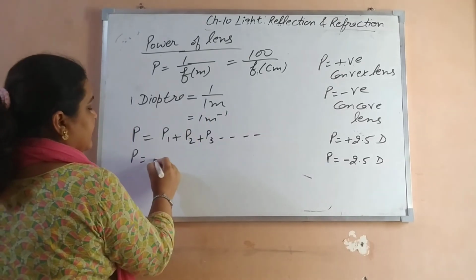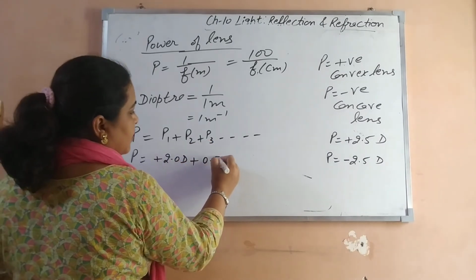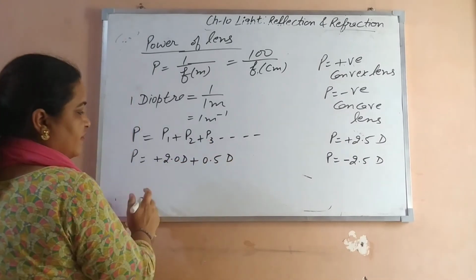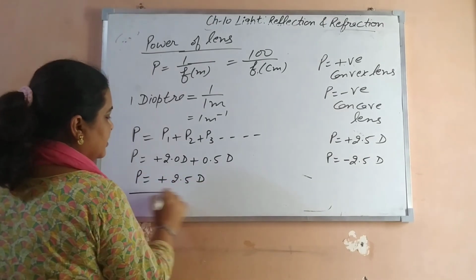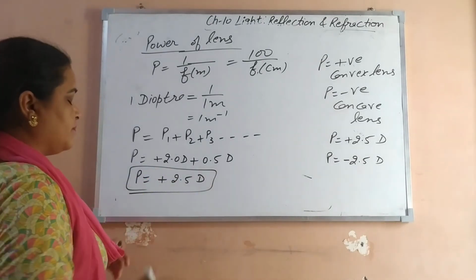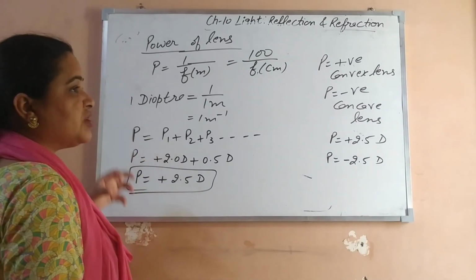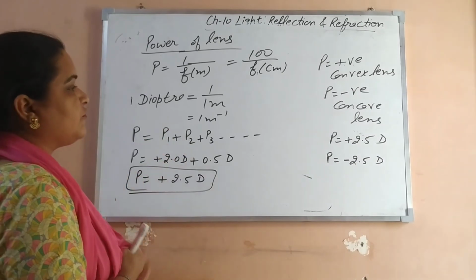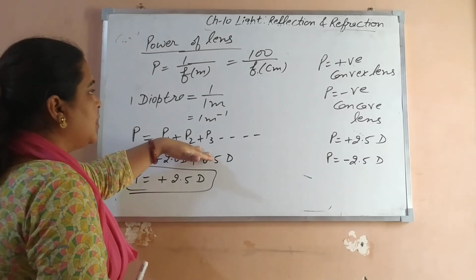Like if I have a lens of power plus 2 diopter and another of power plus 0.5 diopter, what does the total power become? 2.5 diopter with a plus sign. So when we want to get a sharp or clear image, opticians combine lenses in many instruments. That is an arithmetic sum of individual powers.